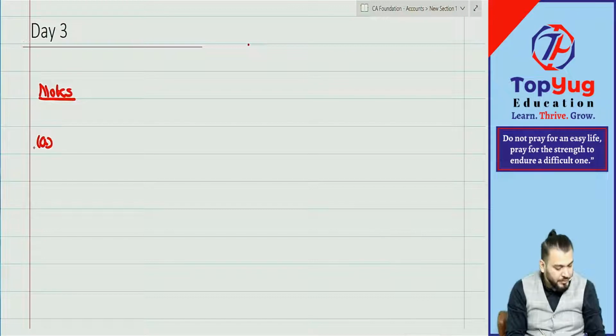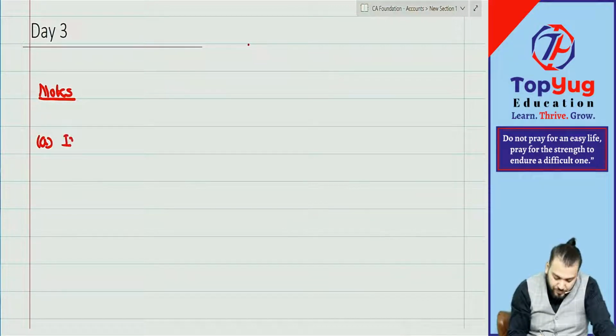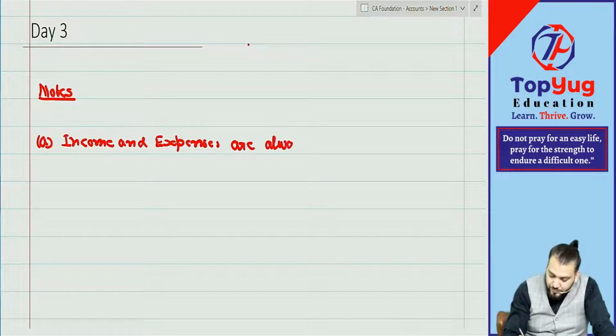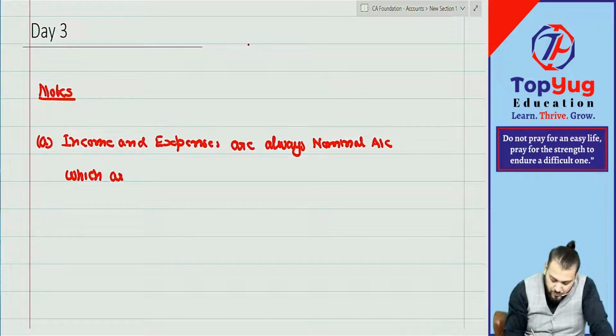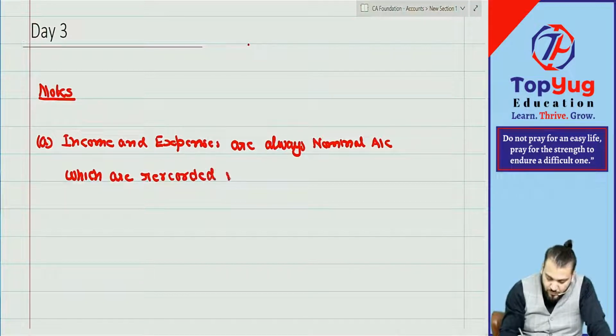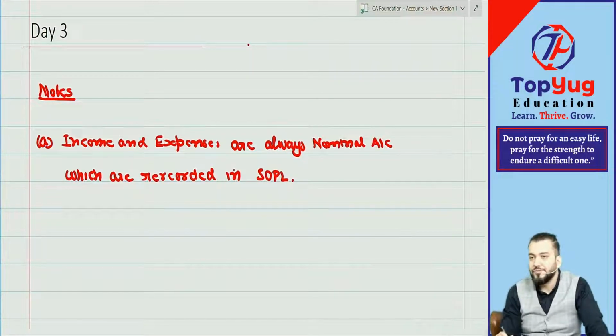Point number A. Income and expense are always nominal account, which are recorded in, can I use SOPL, statement of profit and loss?